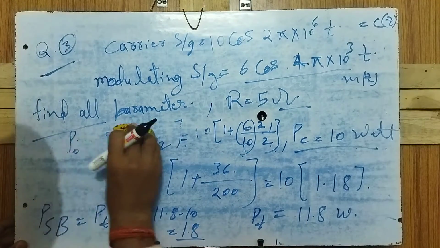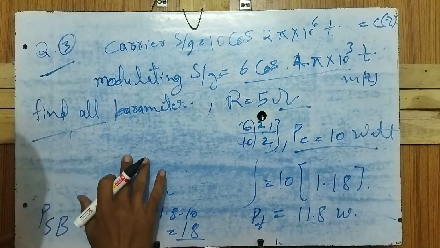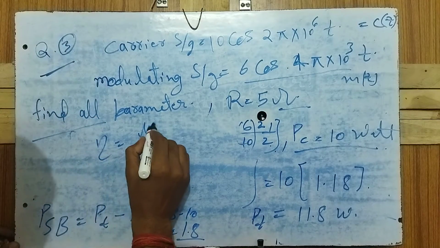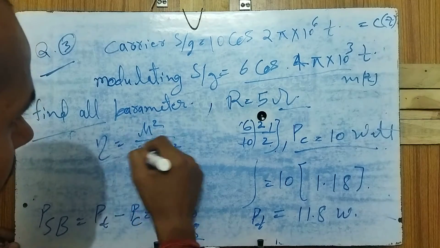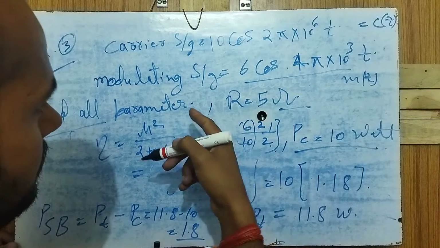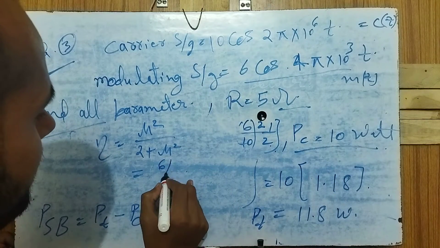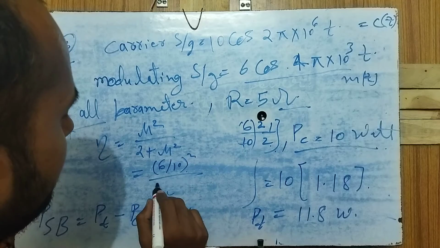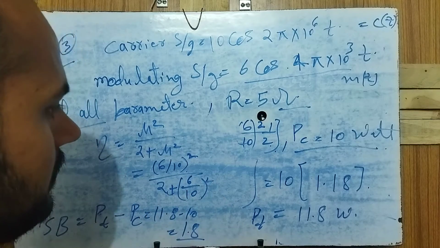Then efficiency eta will be mu square by 2 plus mu square. Sorry, mu square divided by 2 plus mu square. So mu is 6 by 10. (6 by 10) square divided by 2 plus (6 by 10) square.